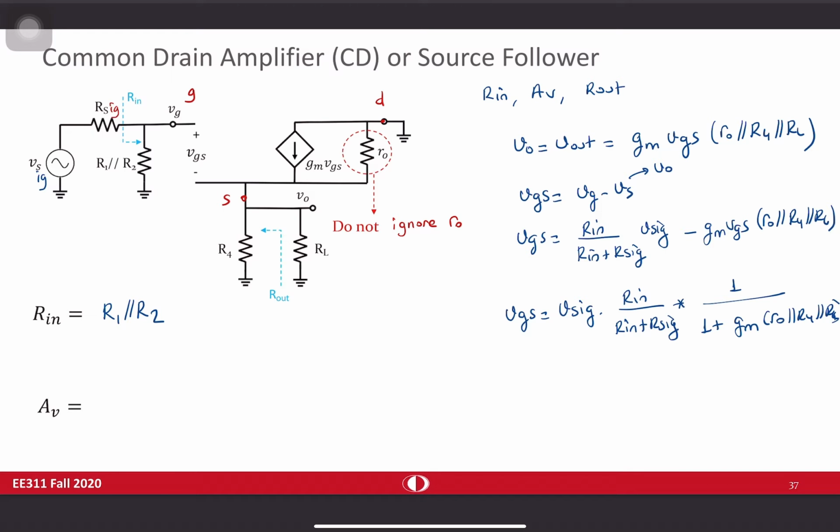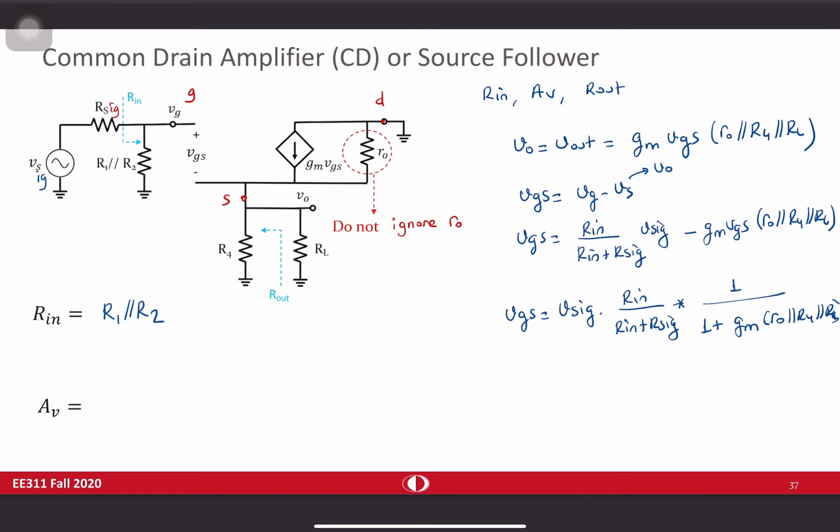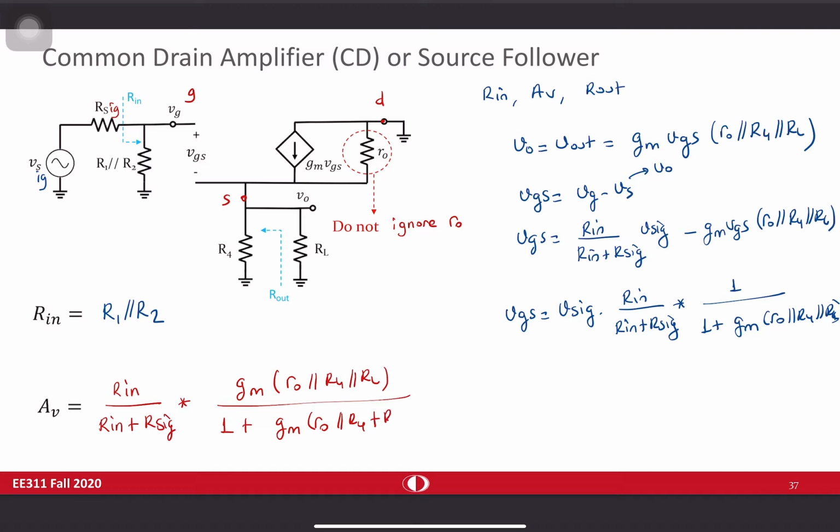And if you put this expression in here, the final result will be Rin divided by Rin plus R signal times gm R0 R4 RL divided by 1 plus gm R0 R4 RL.